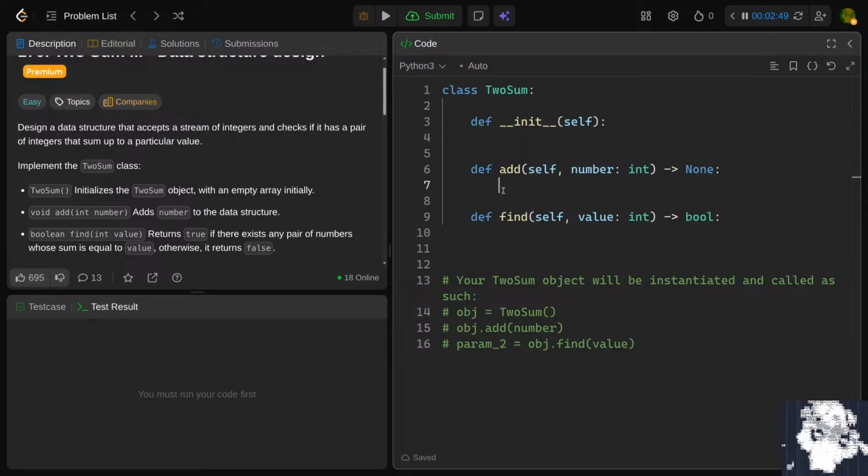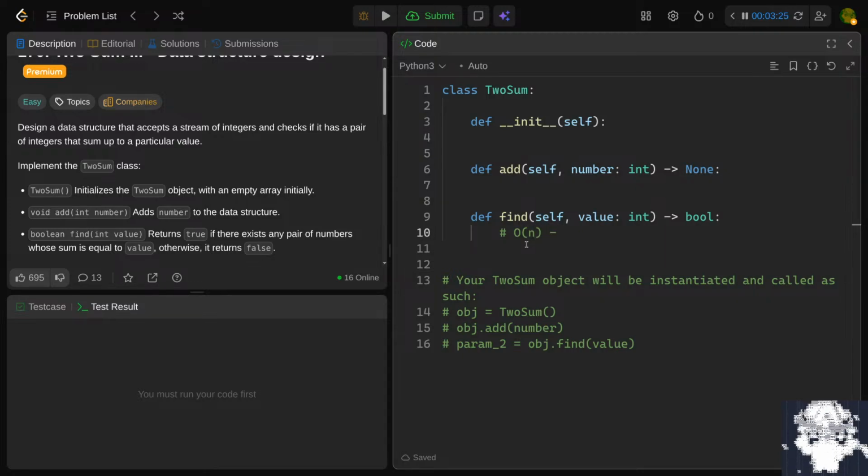And whenever you find, you binary search to see, well, no, never mind. I think find needs to take O of n time.